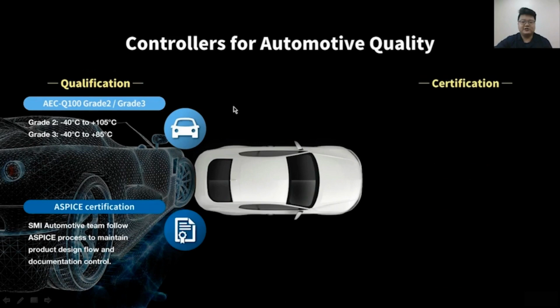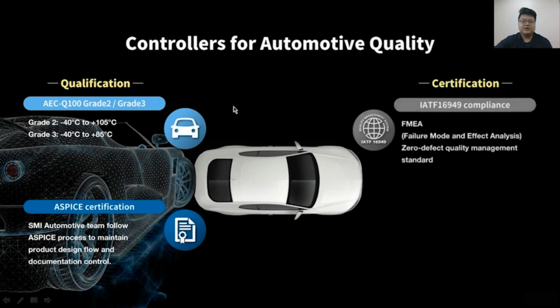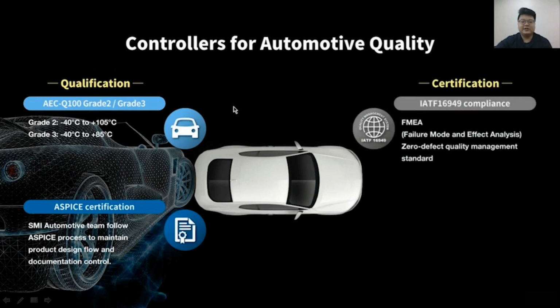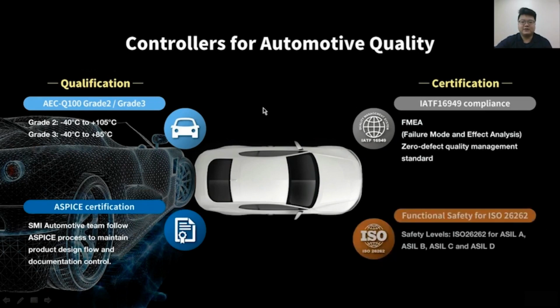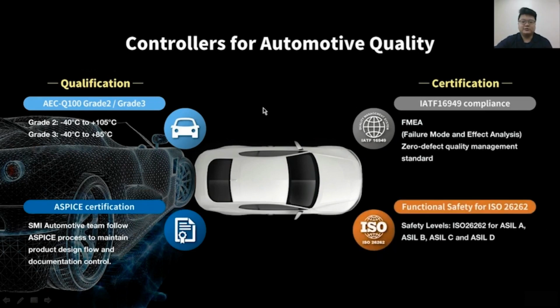For certifications, we have IATF 16949 compliance, so it means our product has passed the automotive process. And in order to meet the safety requirements for each application, we also implement ISO 26262 for the safety levels.